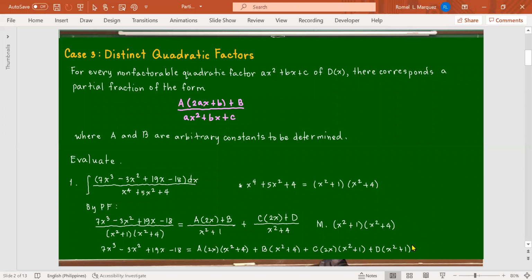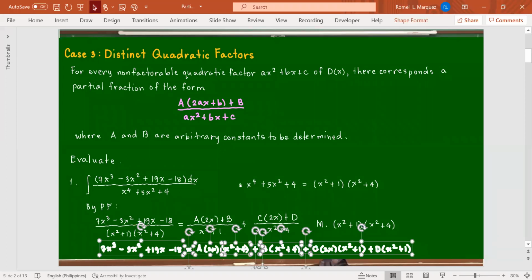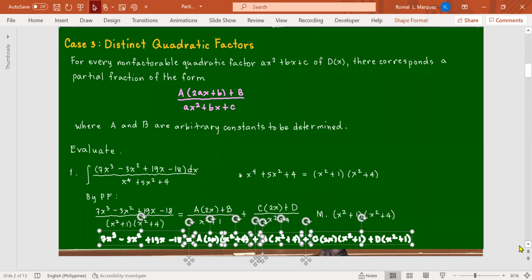So to determine A, B, C, and D, let us apply equating coefficients of like powers. Let me copy this so that we can see this in the next slide. Okay, so from here, let's start with x cubed. For x cubed, the coefficient on the left side is 7.